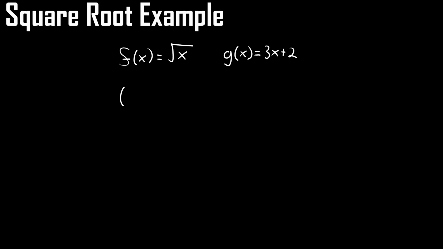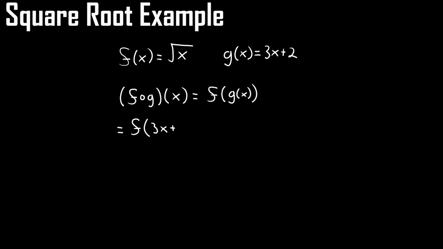And we want to find f of g of x. And so let's begin by plugging in g of x. So we're going to get f of 3x plus 2. And then the square root of x, which in our case is 3x plus 2. So it'll be the square root of 3x plus 2.